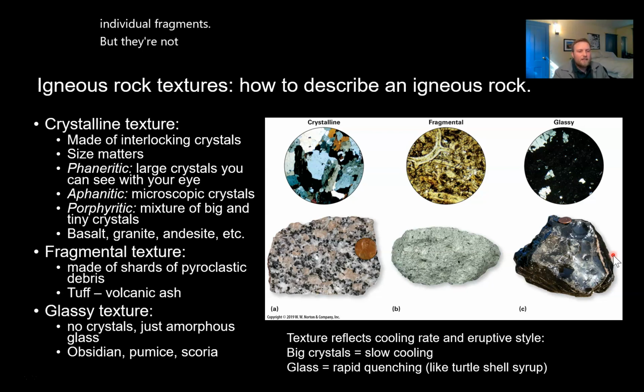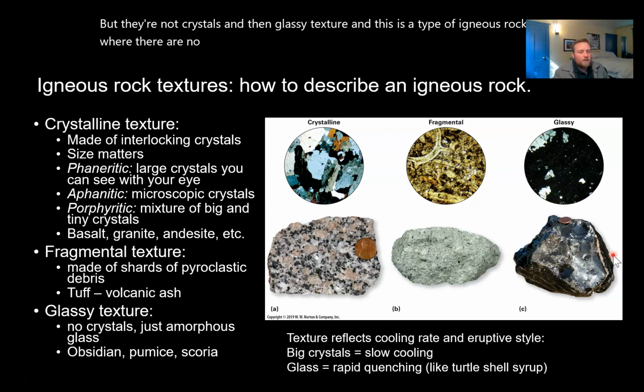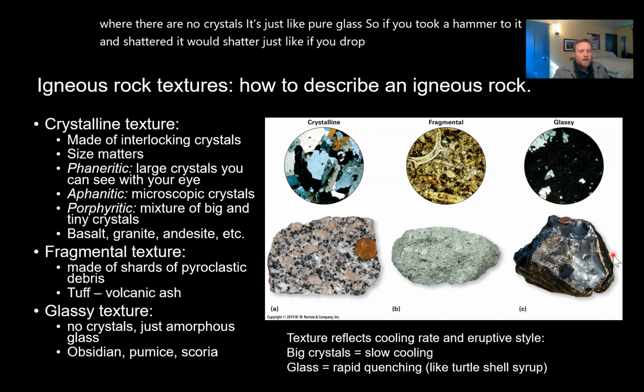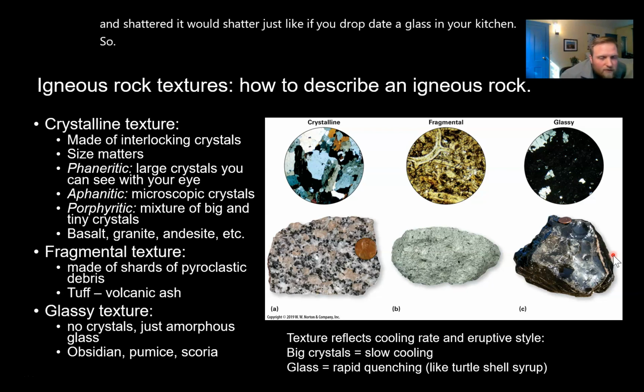And then glassy texture, a type of igneous rock where there are no crystals. It's just pure glass. If you took a hammer to it and shattered it, it would shatter just like if you dropped a glass in your kitchen.